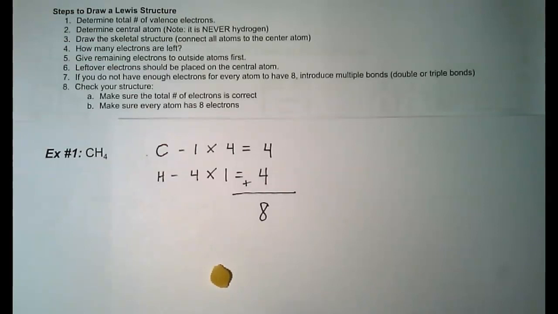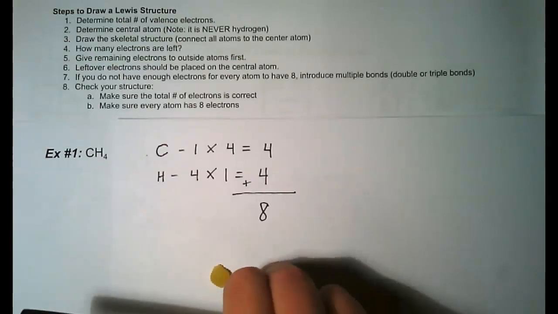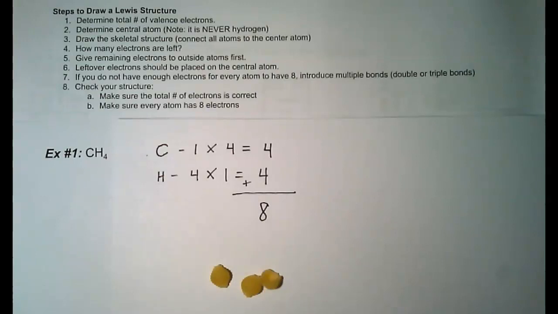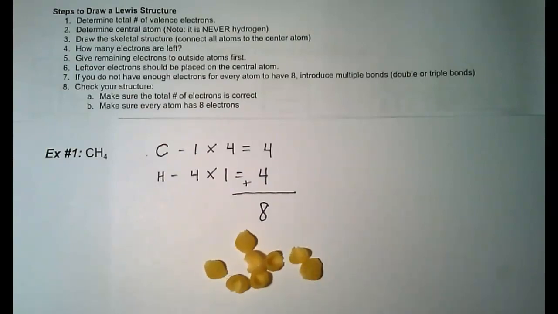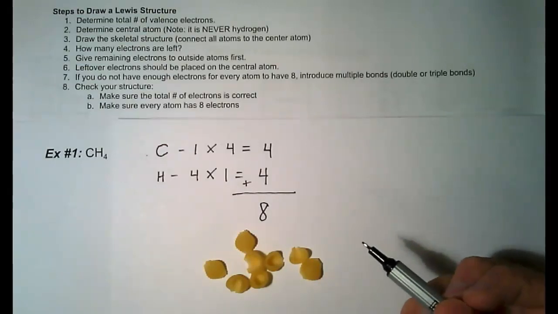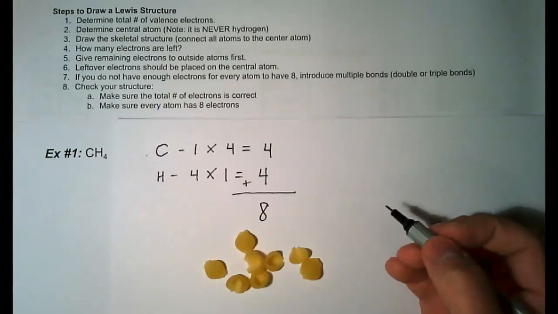It doesn't really matter what I use as a counter, but I'm going to count out 1, 2, 3, 4, 5, 6, 7, 8. So I have 8 total electrons to put in my structure, and when I'm making my structure, I can make sure I only use those 8 electrons. So step 2, I need to determine which atom will be in the middle.